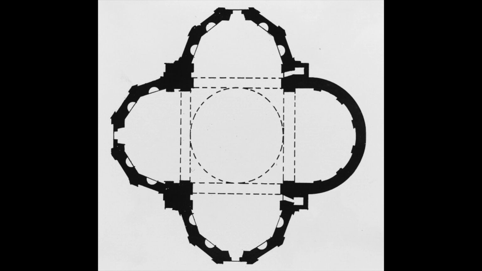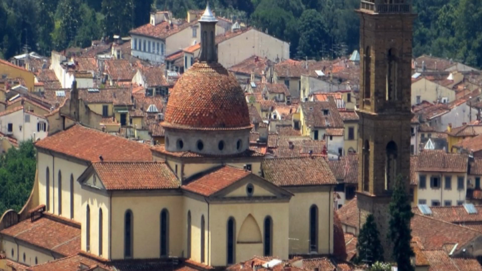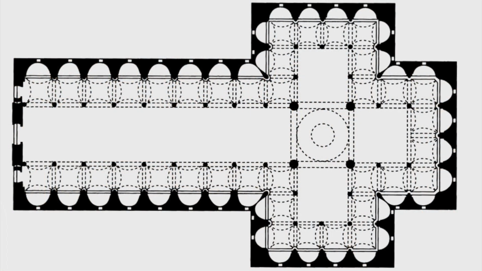There are some possible variations on our typical plan. For instance, the apse and the transept ends can be rectangular instead of semicircular. In some churches, there are side chapels against the north and south walls. These chapels open onto the aisles.